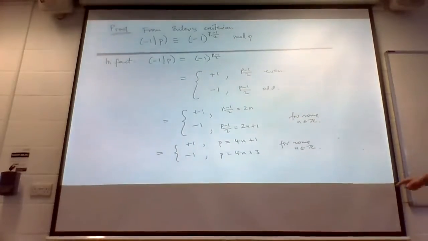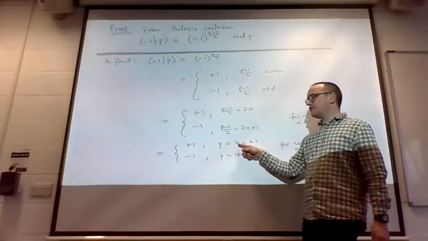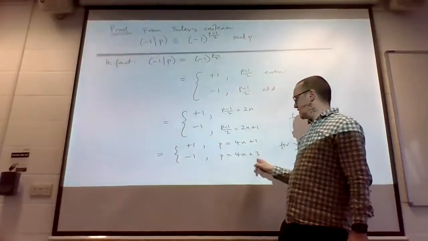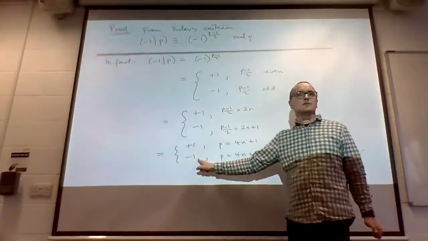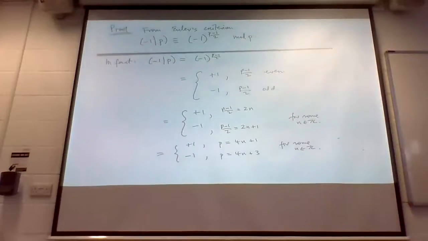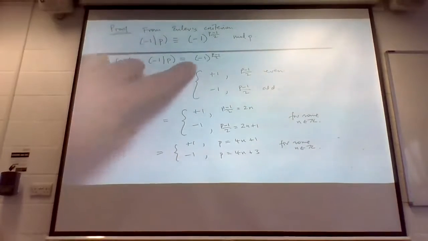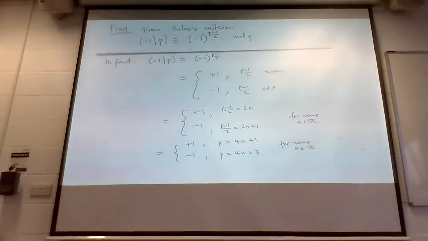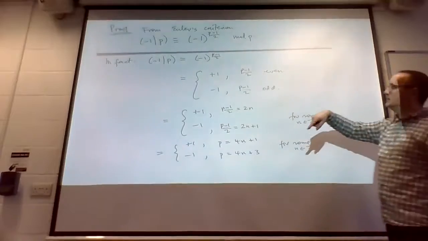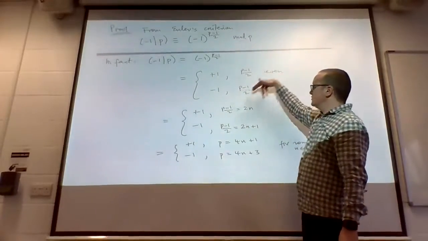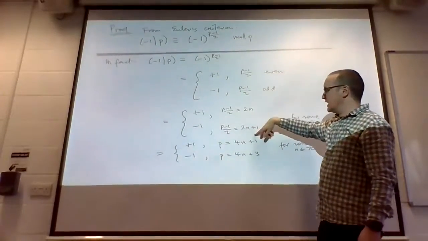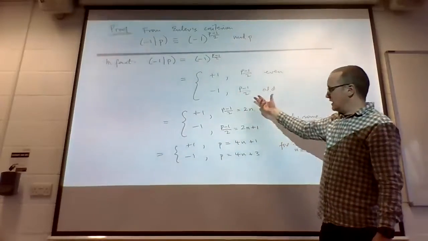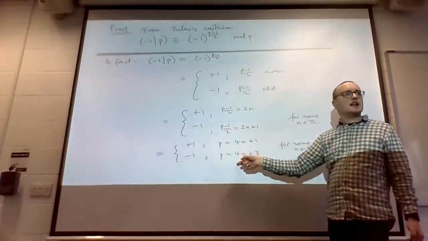So that gives it to me. p congruent to 1 mod 4 gives you plus 1, and p congruent to 3 mod 4 gives you minus 1. This is just a simple observation that even powers of minus 1 are plus 1 and odd powers are minus 1. So (p minus 1)/2 even or odd, then you clear the denominator, and now you're looking at the congruence class of p mod 4.